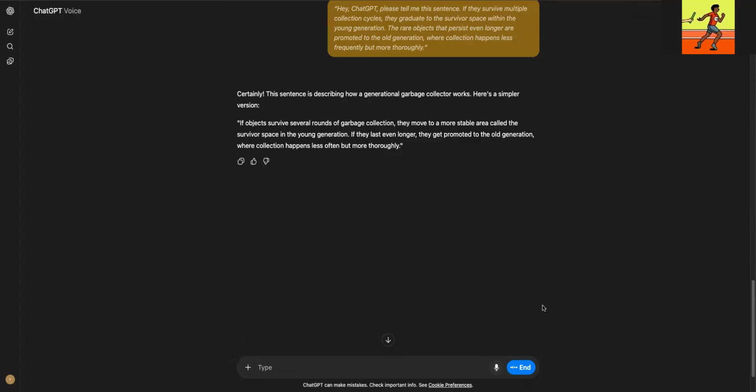So from the beginning the object lives in the younger generation space, but if they live longer and become older generation, they go into the older generation space. Is it correct?